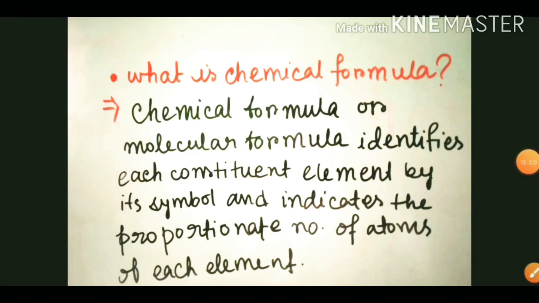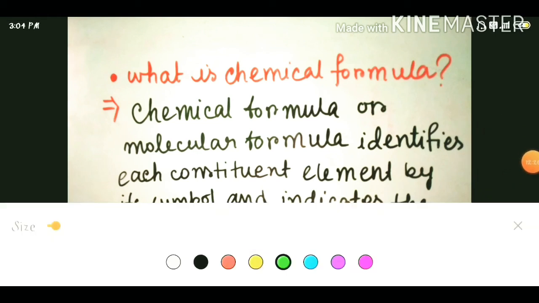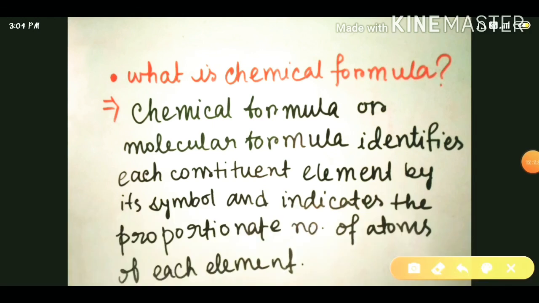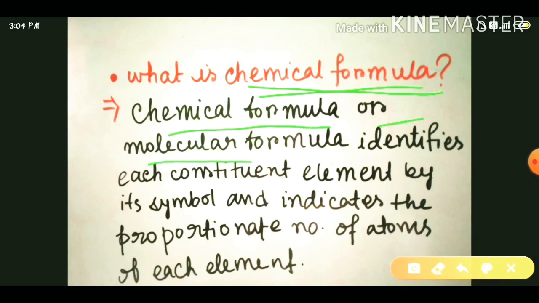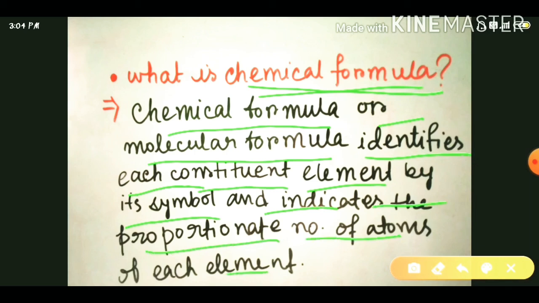Let's start today's class. Today's class is chemical formula, right? Today we will learn chemical formula. Chemical formula or molecular formula identifies each constituent element by its symbol and indicates the proportionate number of atoms of each element.